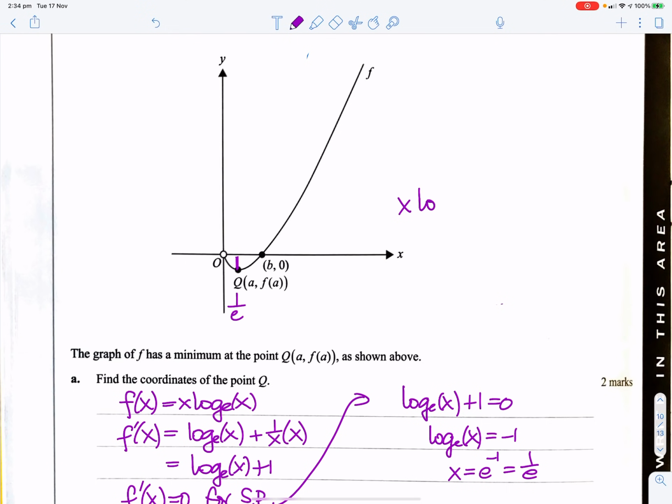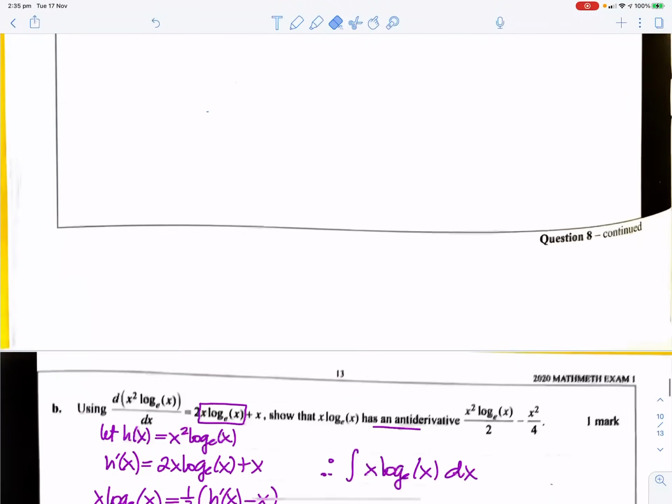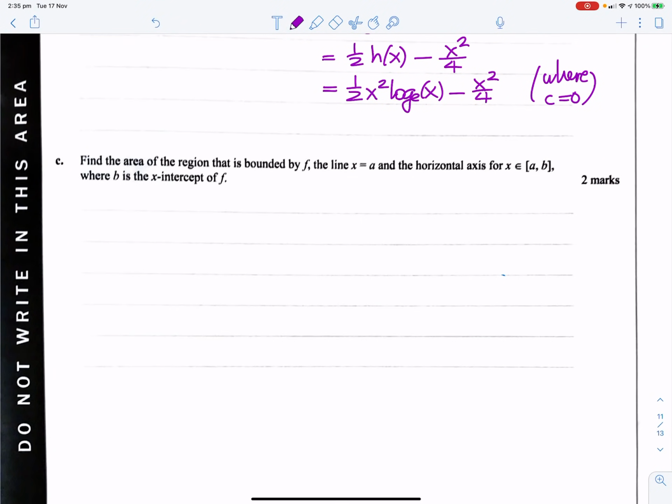If we've got x log e x equals 0, x equals 0, or log e x equals 0, so x equals e to the 0, x equals 1. So we want to find the area in here, which is from 1 on e to 1 of x log e x dx.